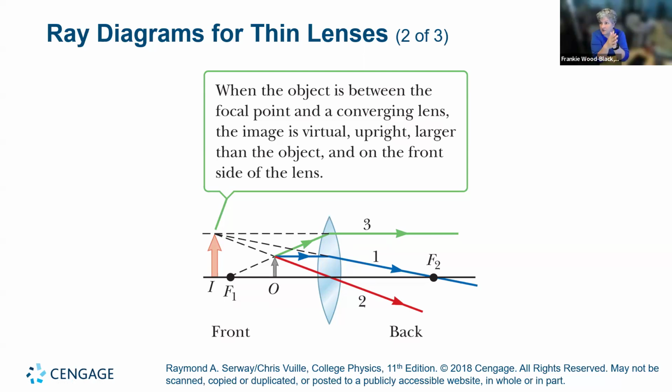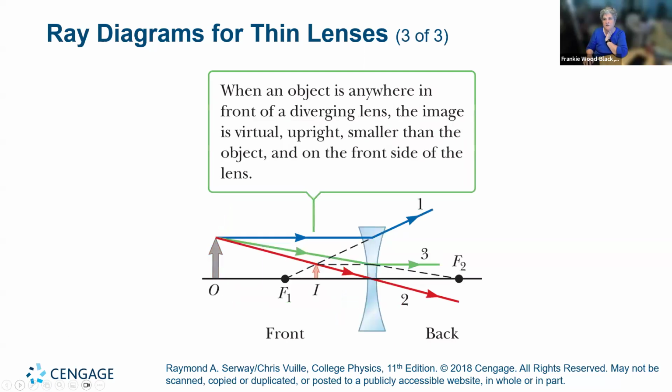And then you will have one double lens problem, and we'll talk about that in just a second. So you have this situation where my object is inside that focus. Now, if I have a converging or diverging lens, this is what I'm going to get, and you can step through those rays to get there.